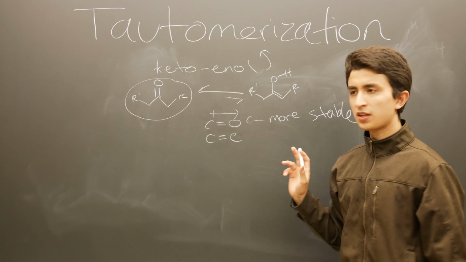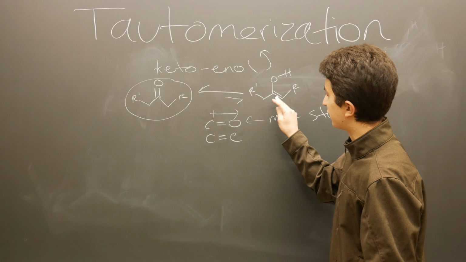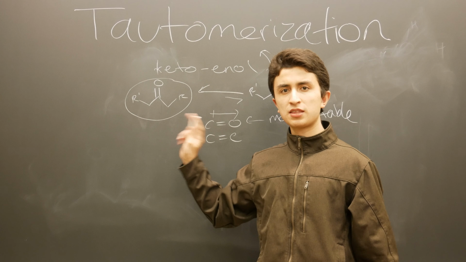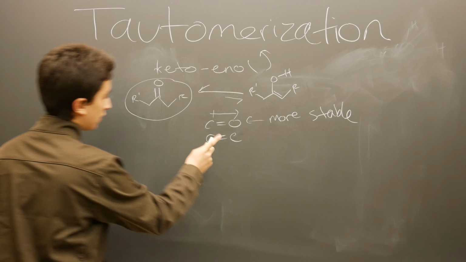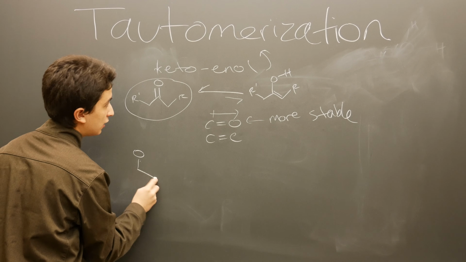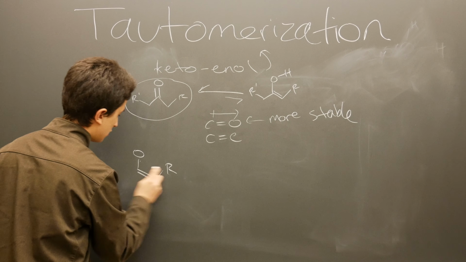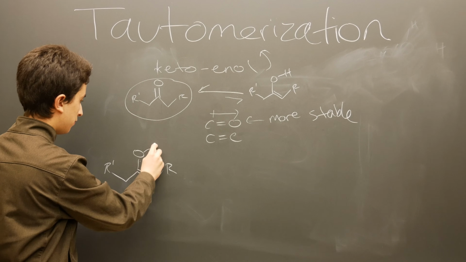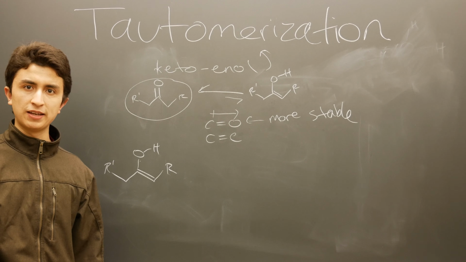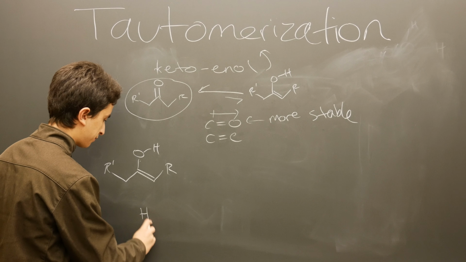And so let's draw the mechanism out for how the enol form will form the keto form. We'll draw it down here. We have the enol form. And let's say we have an acid.